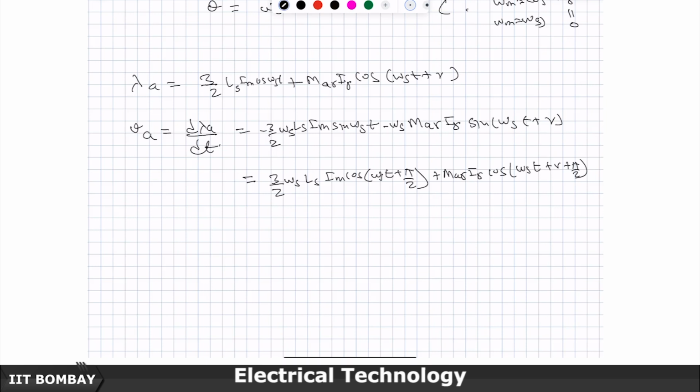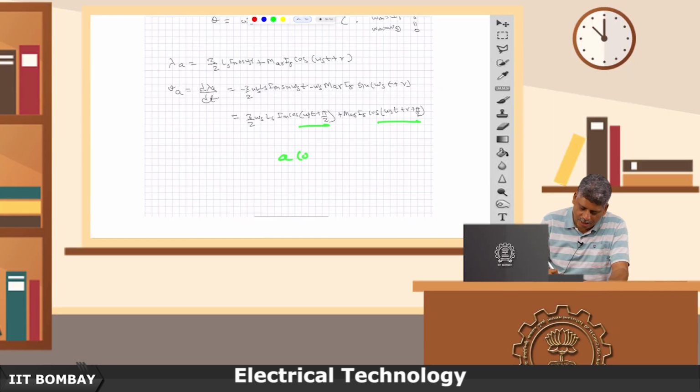So, what do I see for VA? Both of them are sums of two cosines. It is like a cos of omega t plus theta 1 plus b cos of omega t plus theta 2, but then this is going to be some c cos of omega t plus some theta 3.